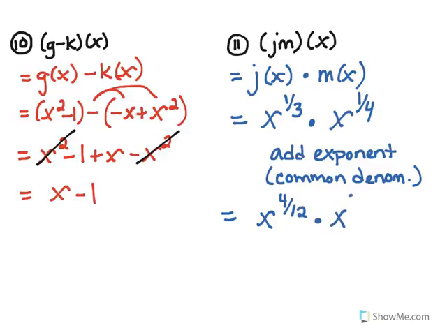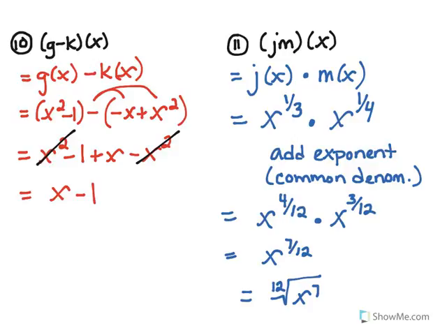And then 1/4 is 3/12. If I now add those two exponents together, I'm going to get x to the 7/12. Again, you need to convert your answer to a radical. The index is the denominator, so that's the 12. And I have x to the 7th.